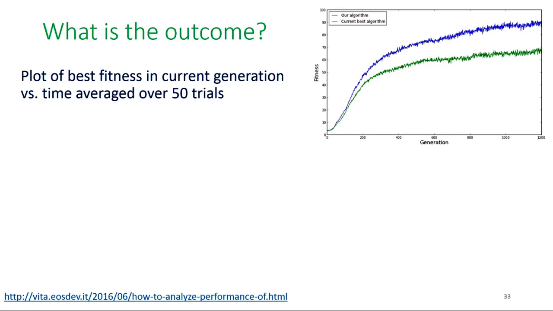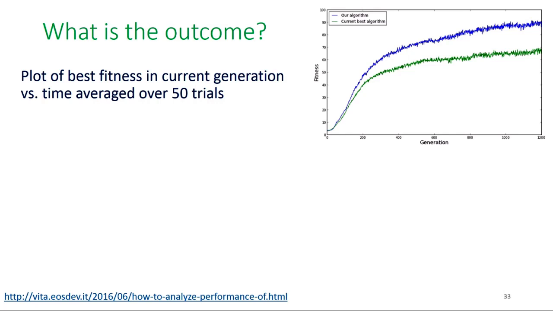But then at the end, this is where Excel or R or any sort of processing tool comes in handy. After running 50 times and getting 50 outputs, we looked at generation 1 in those 50 runs, and we computed the average. And we started doing some statistics, maybe we looked at the standard deviation, stuff like that.